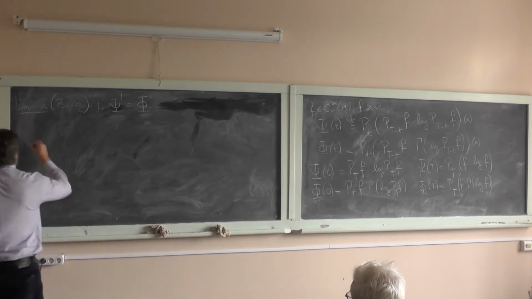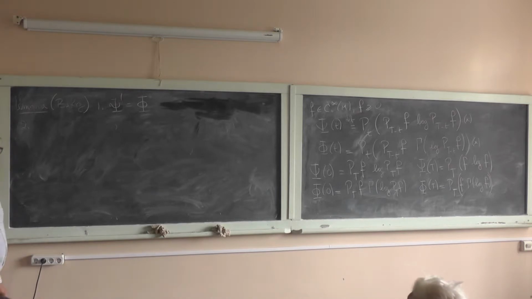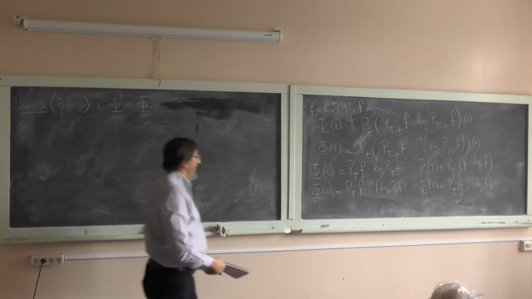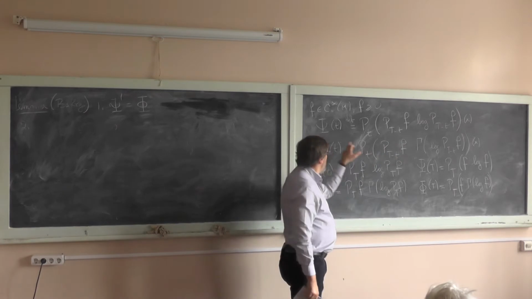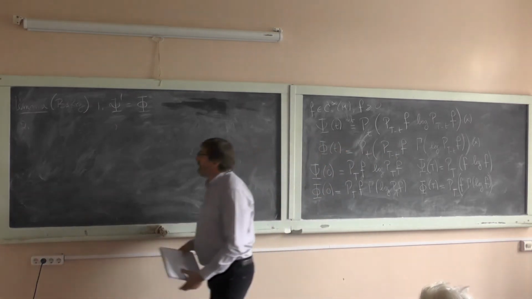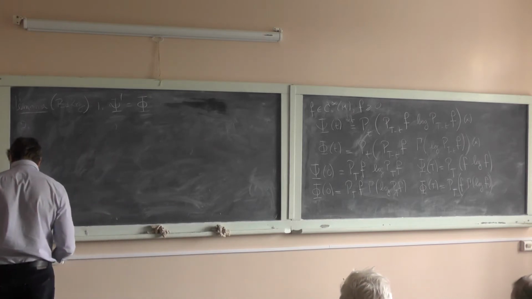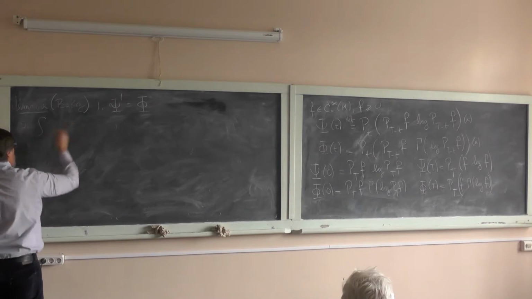Part 2. Derivative in t. Here we think that x is fixed and we are differentiating in t. So part 2 is just a consequence of part 1.